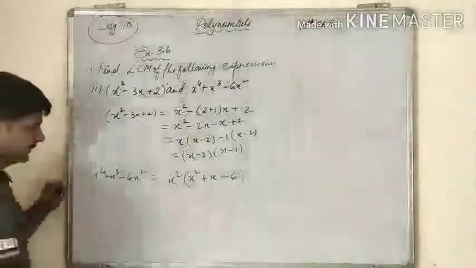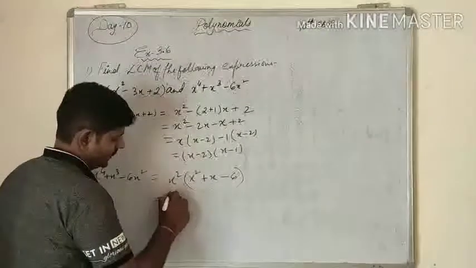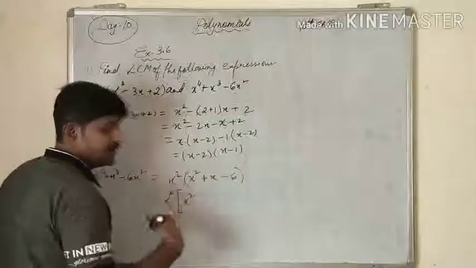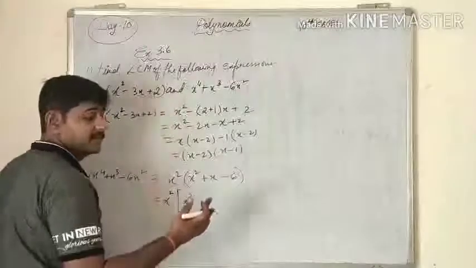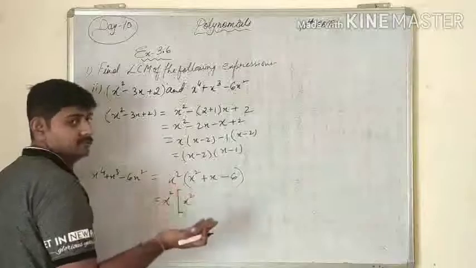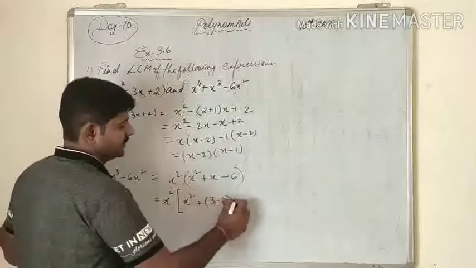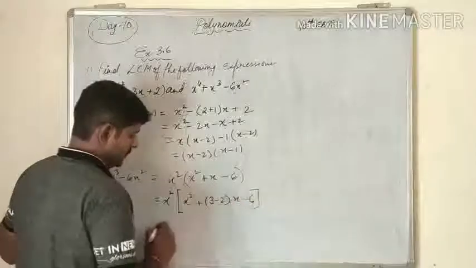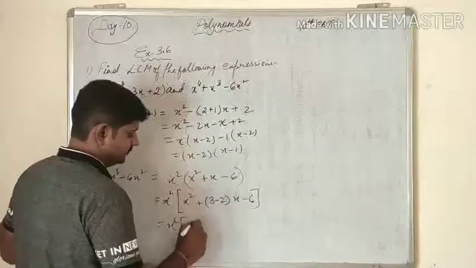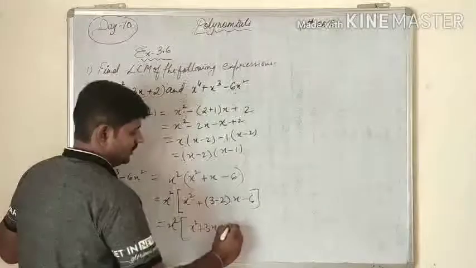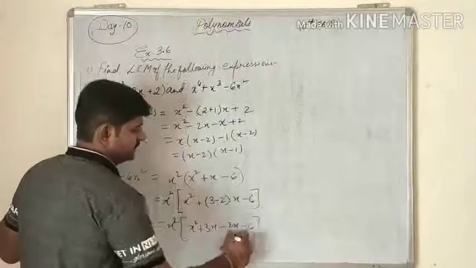Also we can factorize x square plus x minus 6. For 6 we need 3 and 2, as 3 twos are 6, and their difference is 1. In place of this we will write plus 3x minus 2x. Now it can be factorized: x square plus 3x minus 2x minus 6.